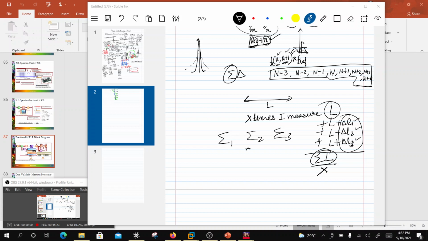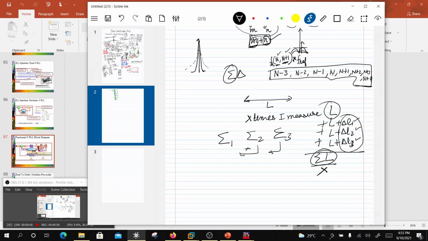So instead of doing just first order integration, I do a second order integration, and then I do a third order integration, and then I do a differentiation second order, and then the first order, and then we are back. So what it means is we are averaging out not only the first order noise, but also the second order noise and the third order noise. So depending on the order of the integrator, right?